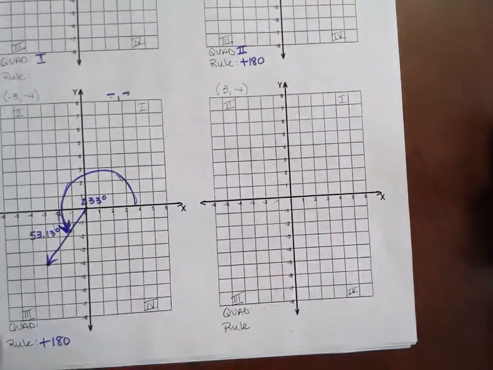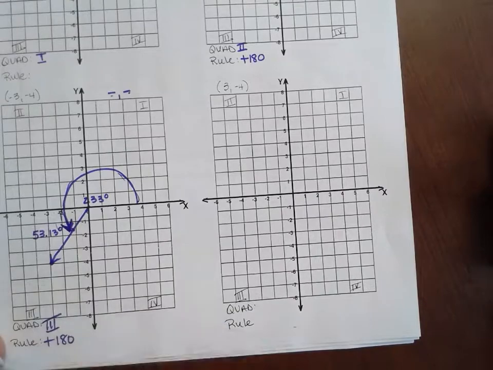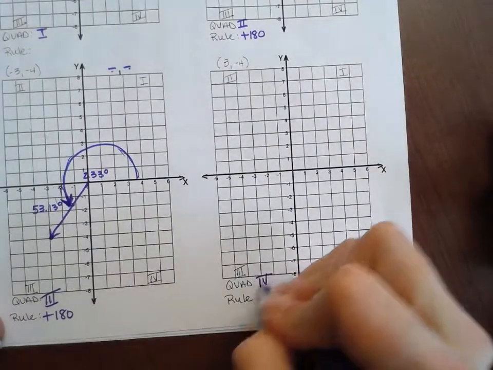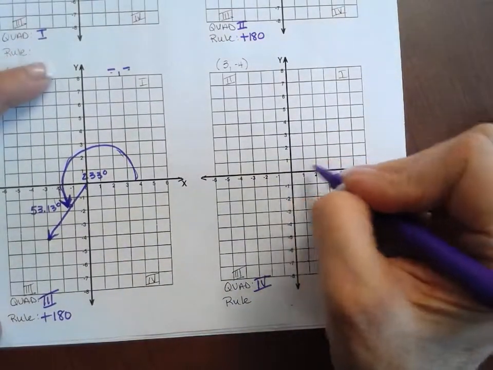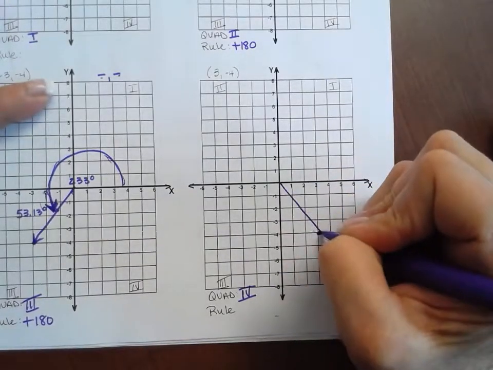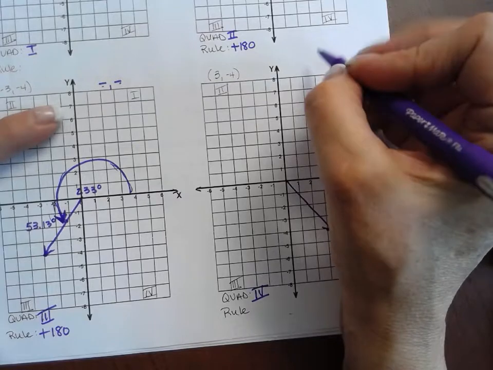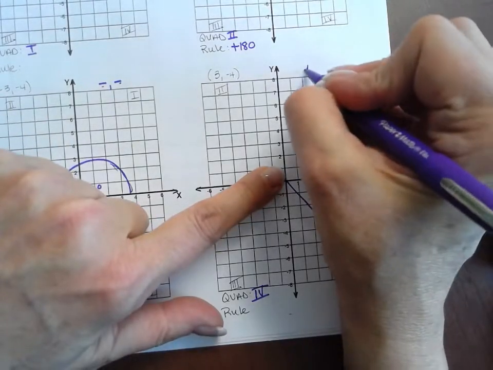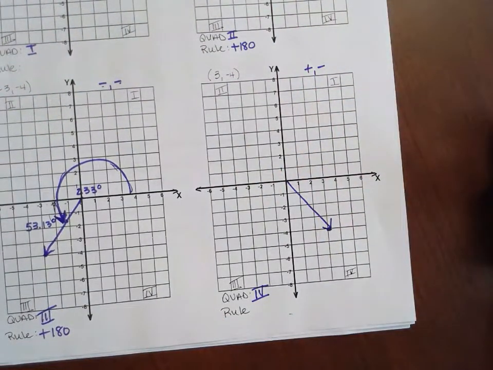Okay, now that was quadrant 3. Now when we're in quadrant 4, I'm over 3, down 4. Okay, and if I'm a positive and a negative, what do you think that's going to give me as a return?